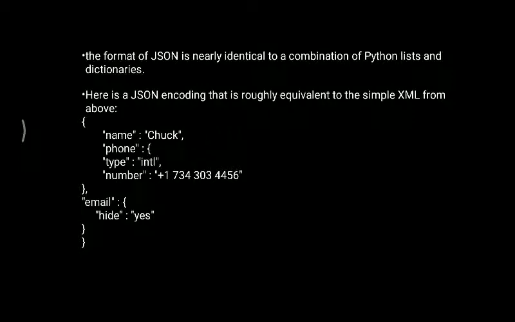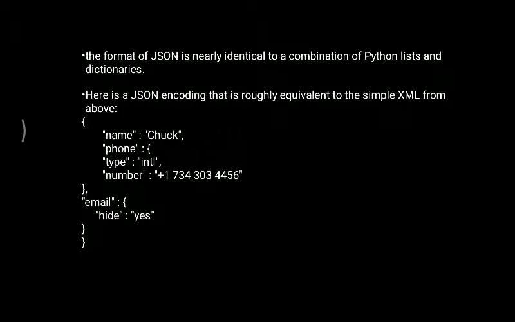You can write the data in JSON as a combination of Python lists and dictionaries. Here is one example of JSON encoding that is roughly equivalent to the simple XML form.